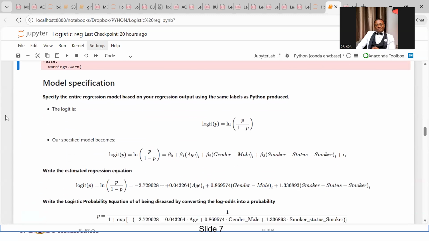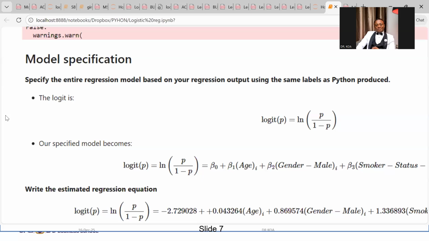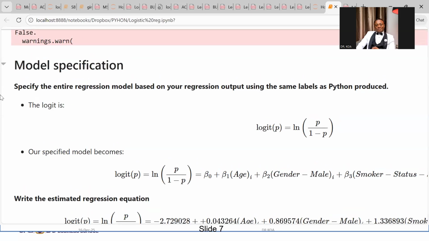So how do you specify the model? This is how you specify the model. Now, the general logit model, because this is a logit model, is given by logit equal to the natural log of the probability of the event happening divided by the probability of the event not happening.